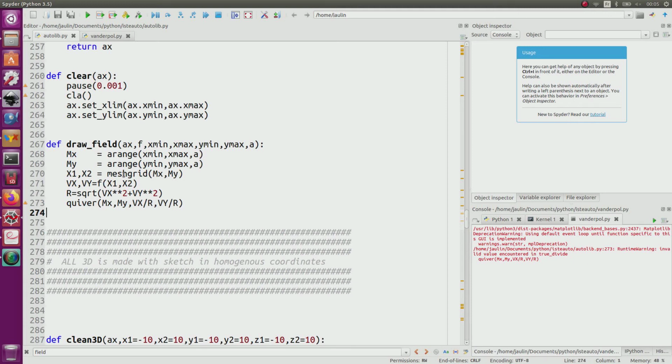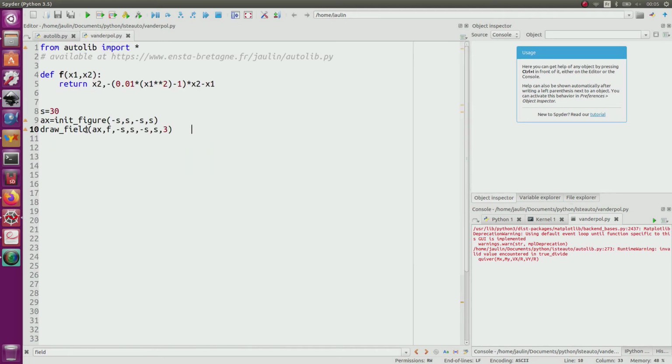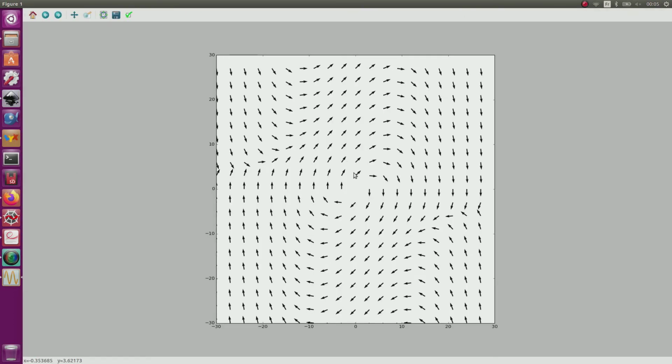I compute f, which is given as an argument here. I normalize all of them, and quiver will draw the field. If I run this one, which calls draw field and sends f, corresponding to the evolution function of the van der Pol, I obtain this, and we can see that all the arrows have exactly the same size, which is quite comfortable if we want a better view of the limit cycle and so on.